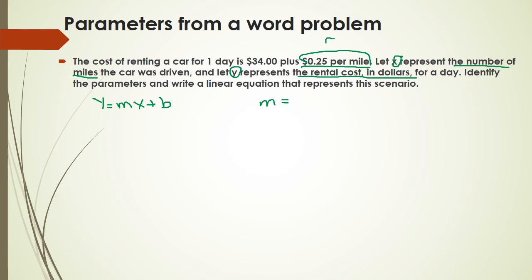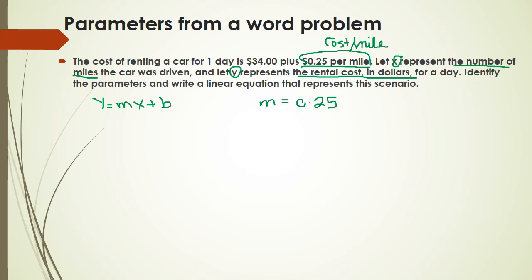We have the cost, which is the difference in y, per, which is division, or over, the difference in miles, which is the x. So in this word problem, the slope, or m, is $0.25.